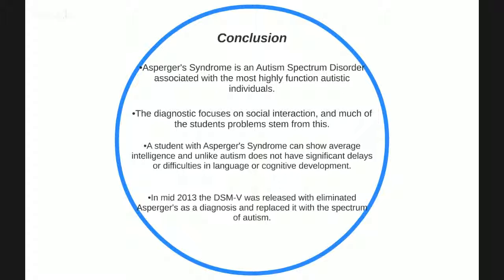Students with Asperger's syndrome can show average or above average intelligence, and unlike autism, they do not have significant delays or difficulties in language or cognitive development. And again, in mid-2013, the DSM-5 was released, and that eliminated Asperger's syndrome as a diagnosis and replaced it instead with the spectrum of autism.